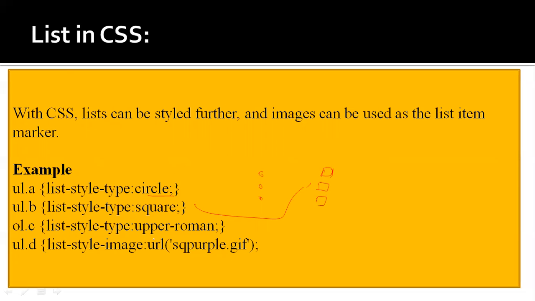List style type colon upper roman means the list will appear in Roman numerals. And if I write list style image colon and the name of an image, then the image can be used for the list. Suppose this is the image, some icon can be used for the list with the help of list style image.